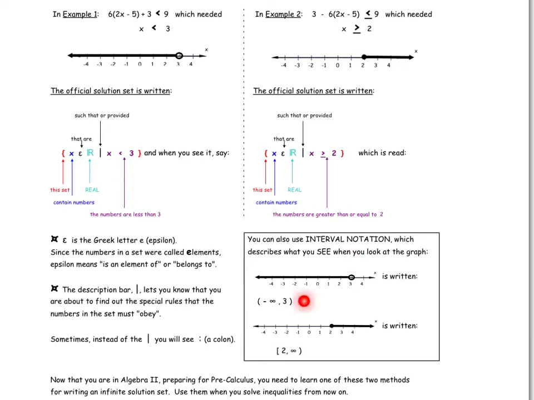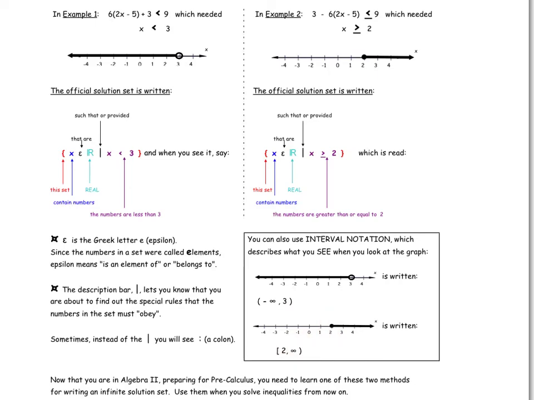So our interval notation starts with negative infinity and ends with 3, and the rounded bracket means that 3 is not included. This graph, however, which starts at 2 and goes to positive infinity, is written with the notation 2 comma infinity, and you'll notice that the 2 is boxed off instead of round because 2 is included.